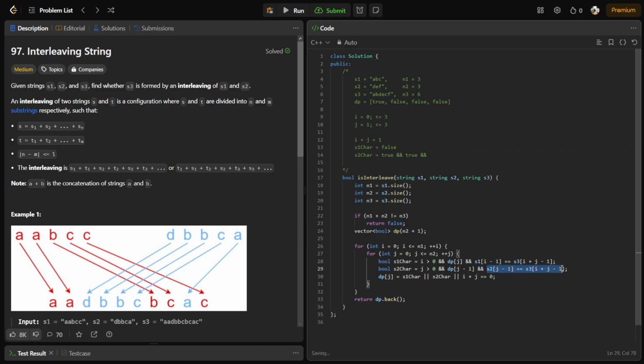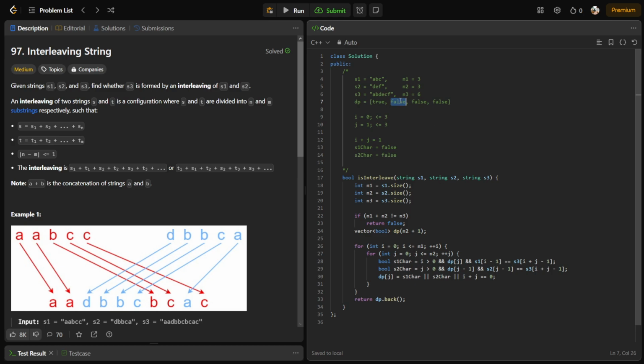And the last one, s2[j minus 1], that is d. Is this equal to s3 of 1 minus 1, which is 0? So s3[0] is a. Since this is false, the s2 char is false as well. And since both of these are false, dp[j] is false.